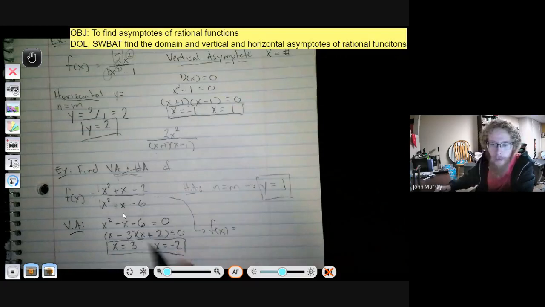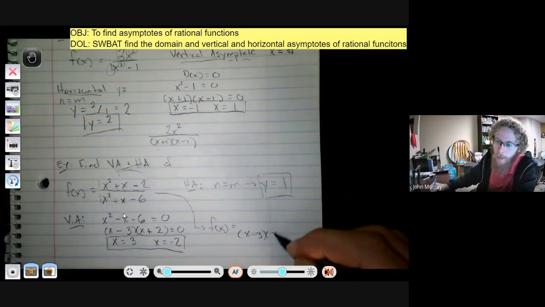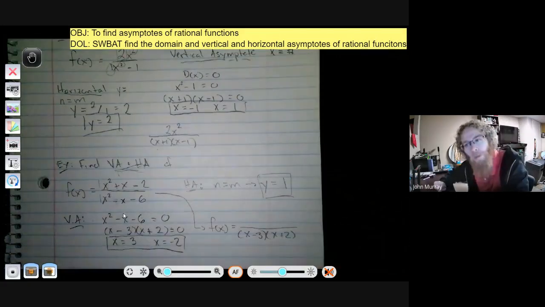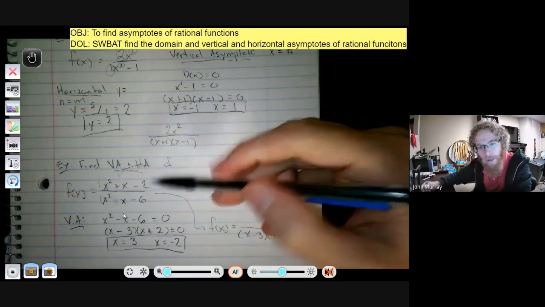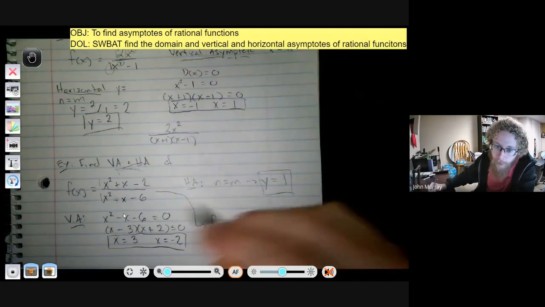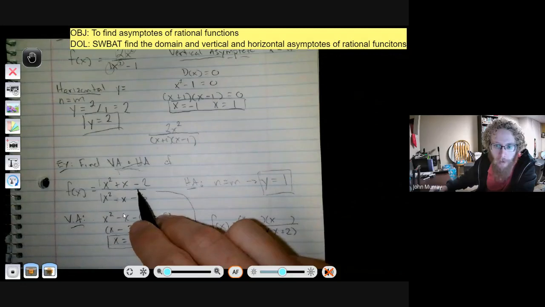So we already know that our denominator can be broken up into x minus 3 times x plus 2. Now, our numerator, we can also factor out.